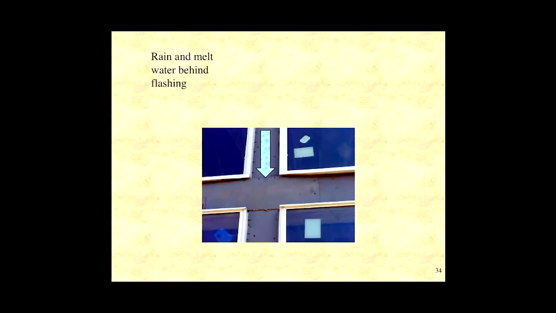If you've got rain and meltwater moving down a house or whatever structure you have, and you've installed flashing incorrectly, then it's going to get behind that and it's going to cause problems, at least similar to what we just saw previously. So decay is a problem.